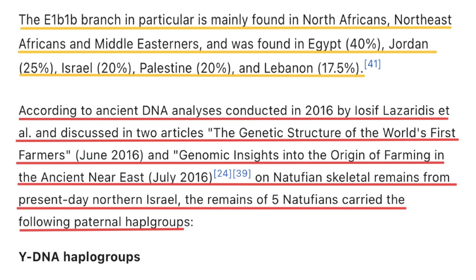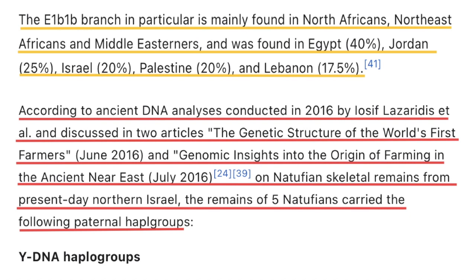According to ancient DNA analysis conducted in 2016 by Iosif Lazaridis and colleagues, discussed in two articles, the genetic structure of the world's first farmers, June 2016, and genomic insights into the origin of farming in the ancient Near East, July 2016, on the Natufian skeleton remains from present-day northern Israel.